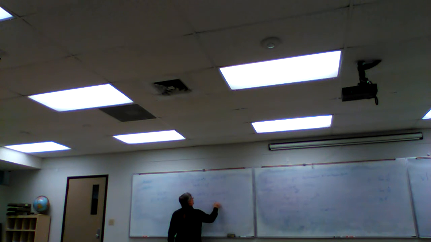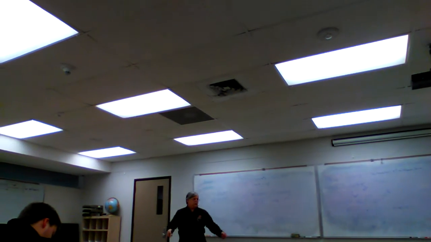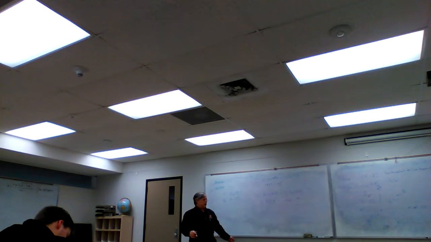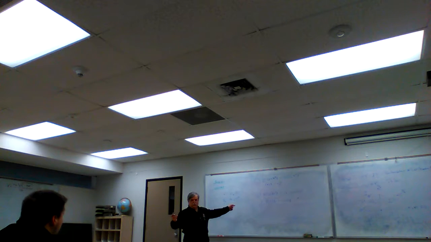Why would that be? Because sine and cosine of 45 degrees are both 1 over the square root of 2. It's exactly in the middle, so both sine and cosine are the same.